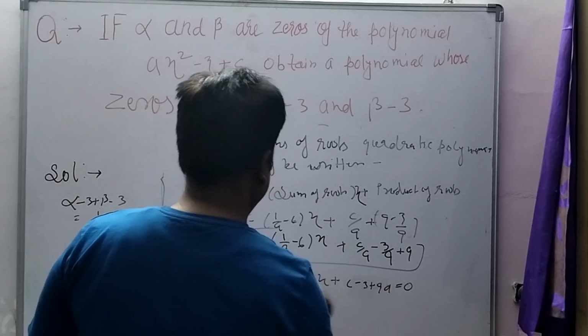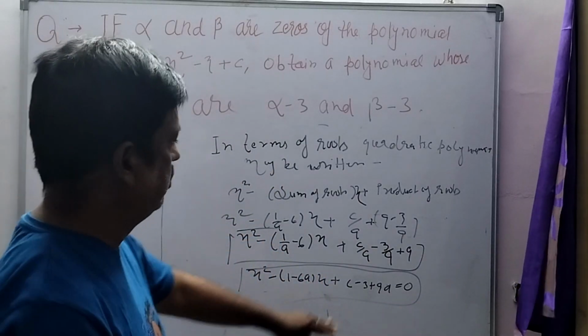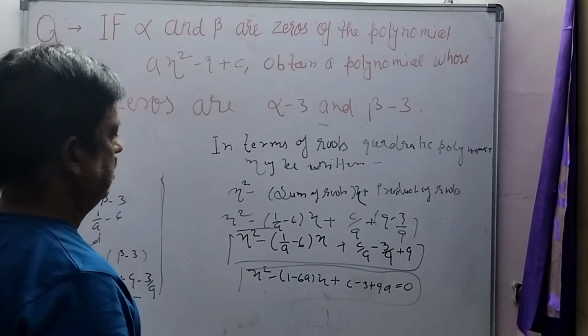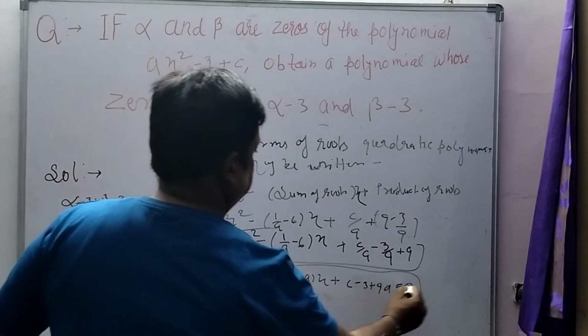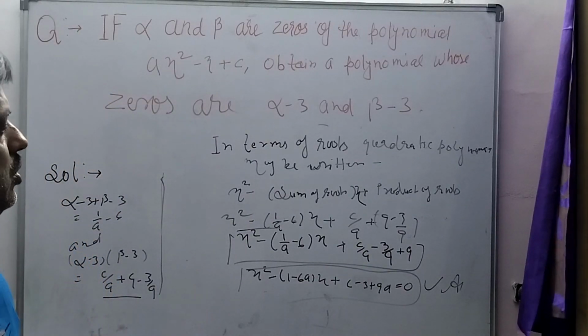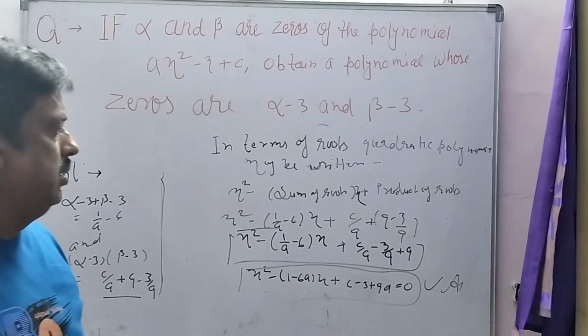This is required for the equation, a moving to outside. Then the required equation, this is the required answer. Hope you understand. This is confusion in forming the system.